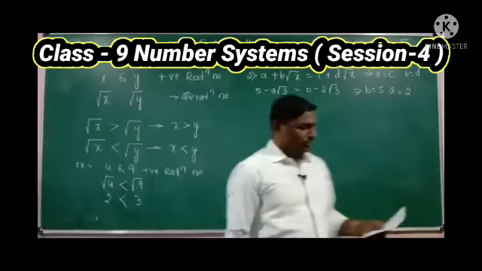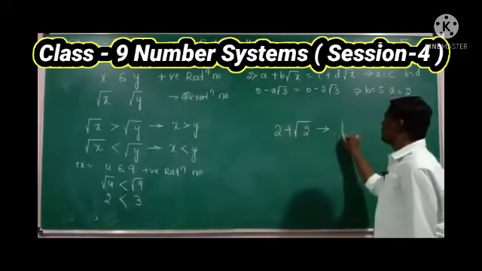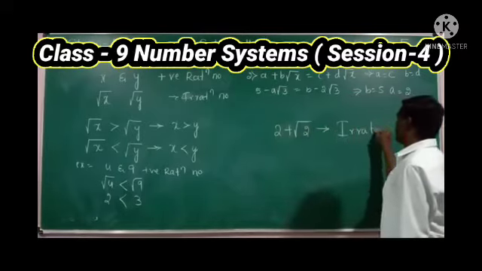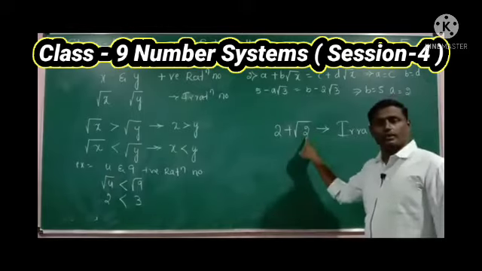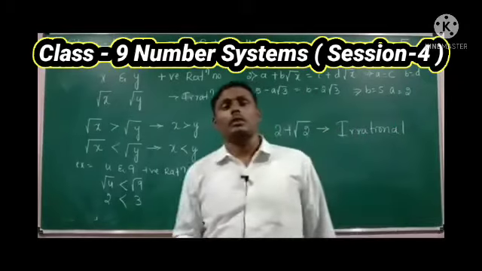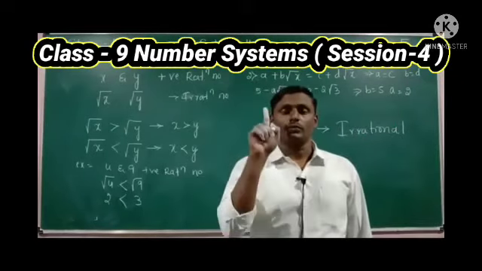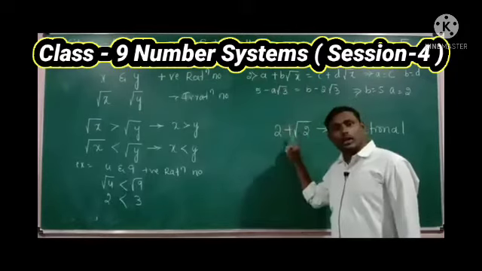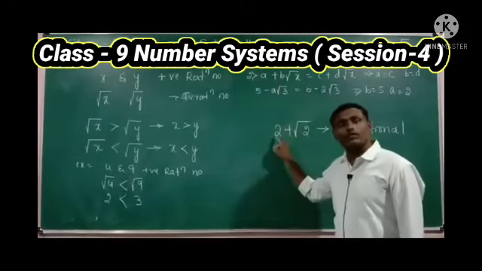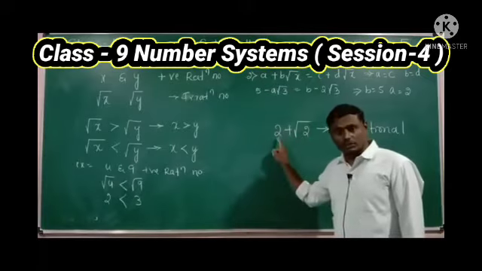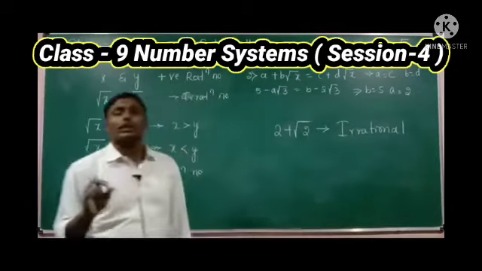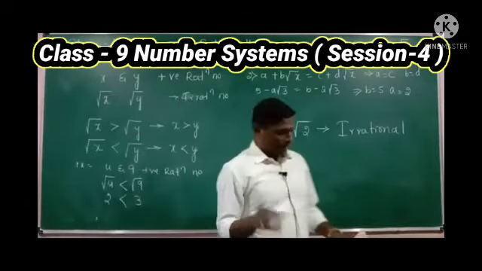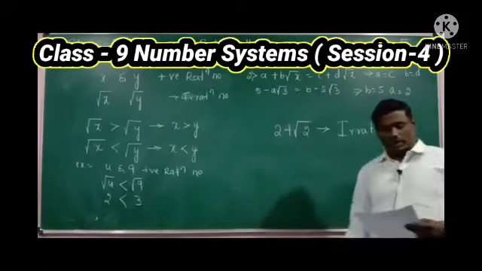The sum, product, subtraction, or division of a rational number and an irrational number is always an irrational number only. Okay, next one.